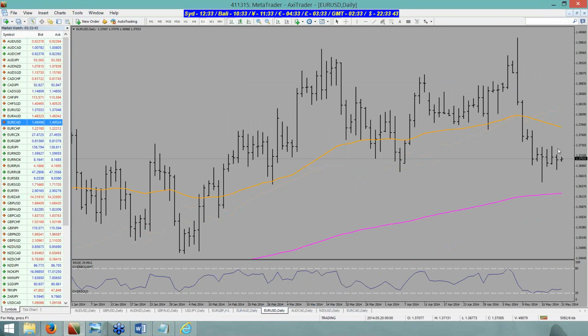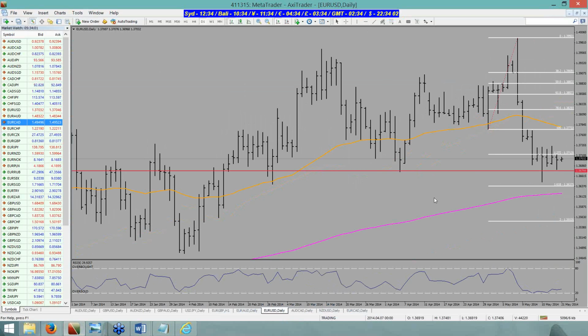You need a bit more of a reason than just the congestion. Okay, a reason might be that you're in a range. The 200 EMA is flat, and you say, well, I'm in a range, and there's my extension level, and I've got a support line across here. Yeah, I've got a support line here, and you need to go and check if that's strong or weak.